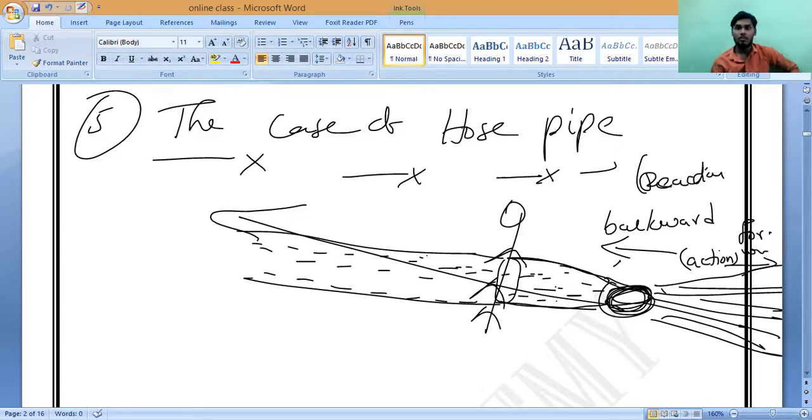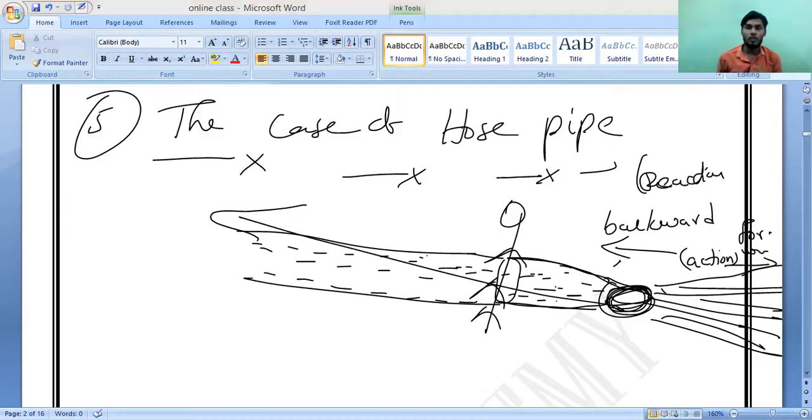The backward movement of the hose pipe is because of the forward direction of water at a greater speed. So to avoid that, we have to hold it very tightly. Do you understand, all of you?